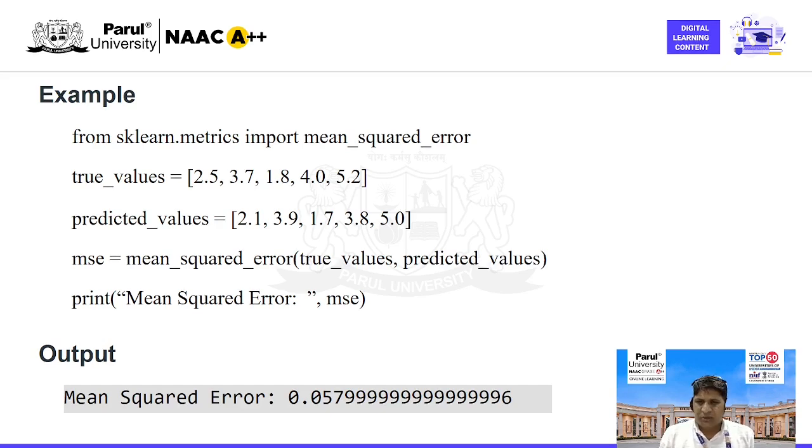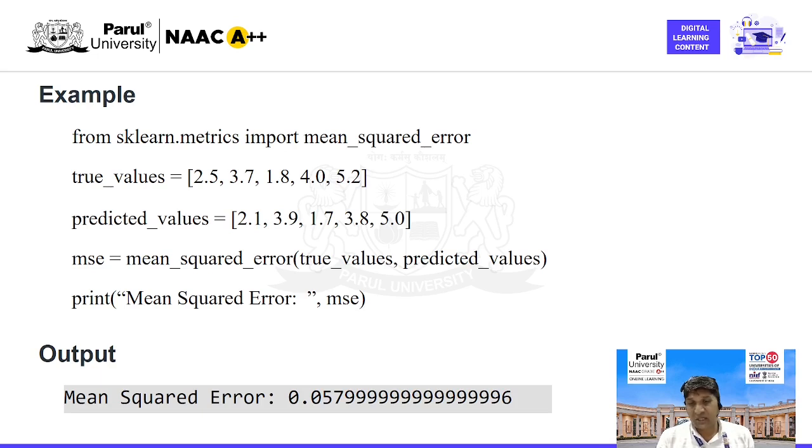Example: now we can take an example of mean squared error from sklearn, that is scikit-learn metrics. Import mean_squared_error. That is a function. Here we also provide the same type of values as true values and predicted values. The true values are 2.5, 3.7, 1.8, 4.0 and 5.2, the same set of data.